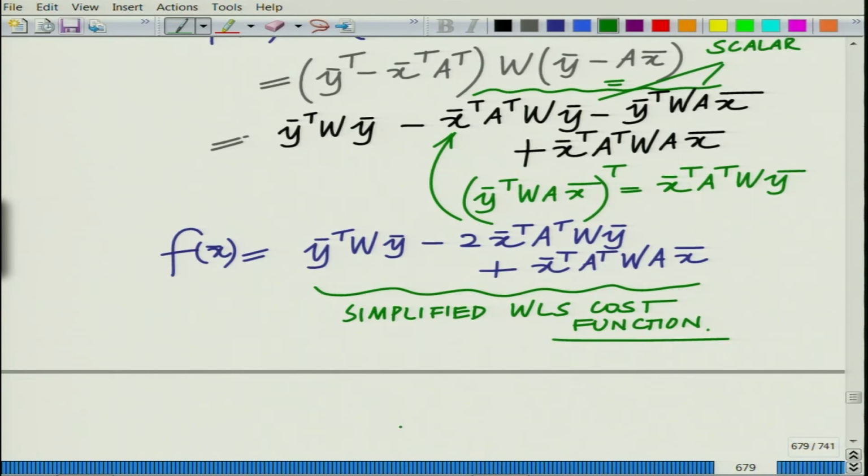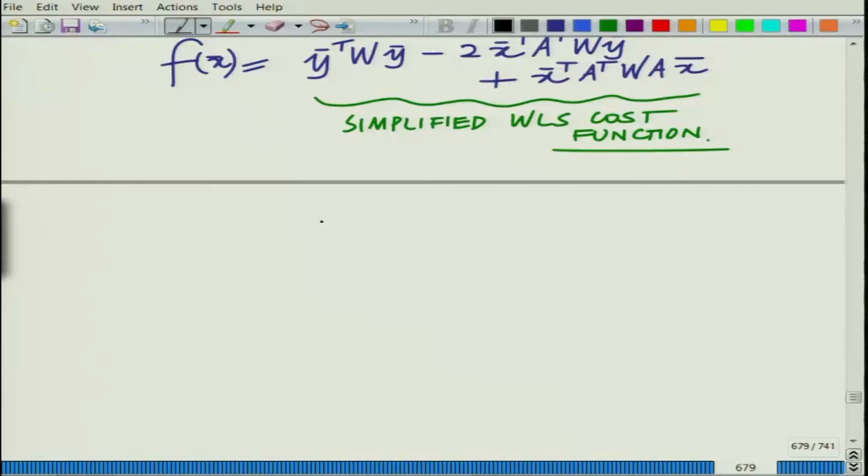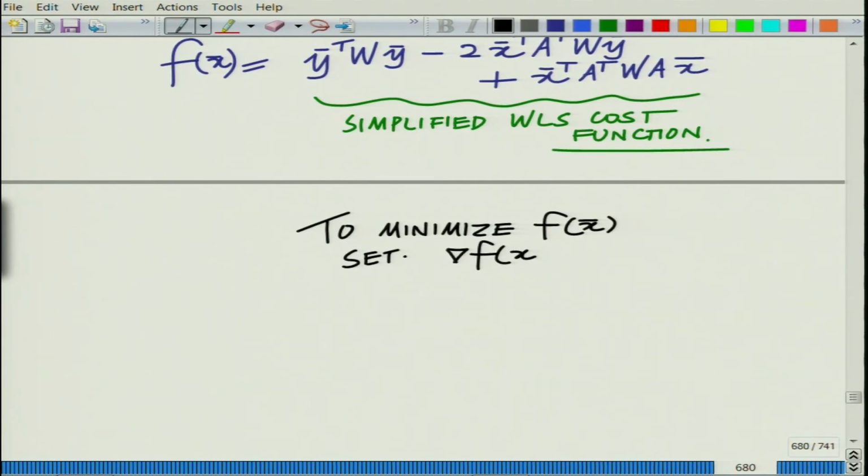Now, in order to minimize this, if you want to find the x bar which minimizes f of x, take the gradient and set it equal to 0. To minimize f of x, set the gradient of f of x bar equal to 0.